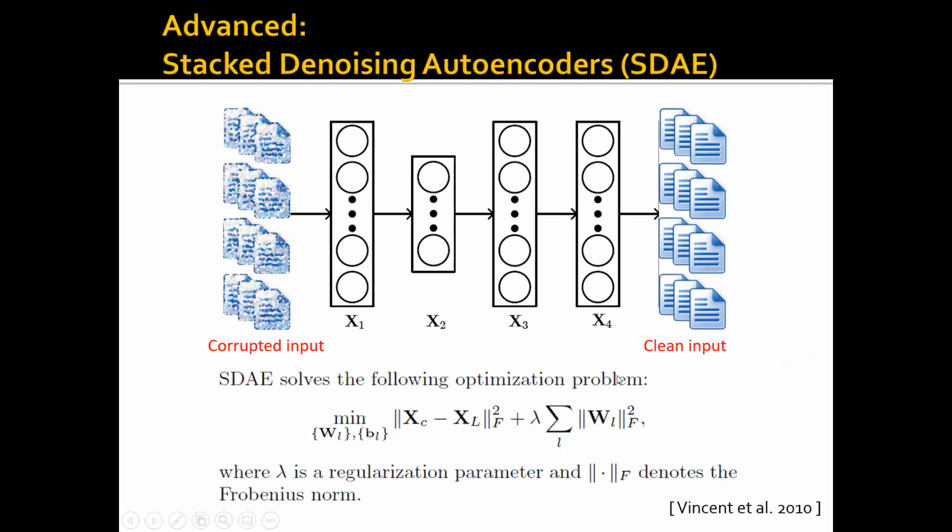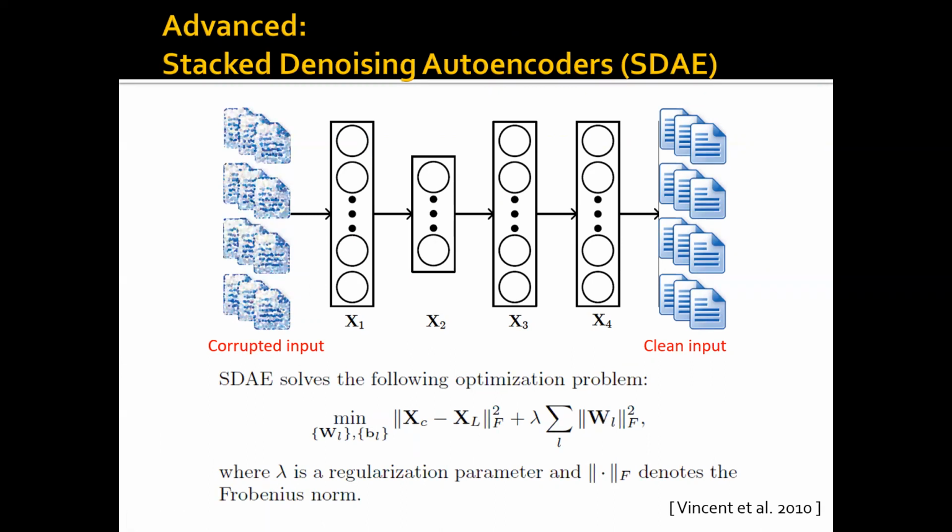And even more, we can have a slightly advanced version of stacked autoencoder, which is the stacked denoising autoencoder. In the stacked denoising autoencoder, instead of using the original input, we will first corrupt the input. Basically, we can randomly set some entries of the input to 0, and we call this the corrupted input.